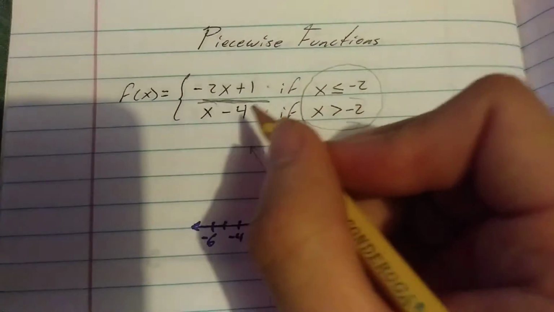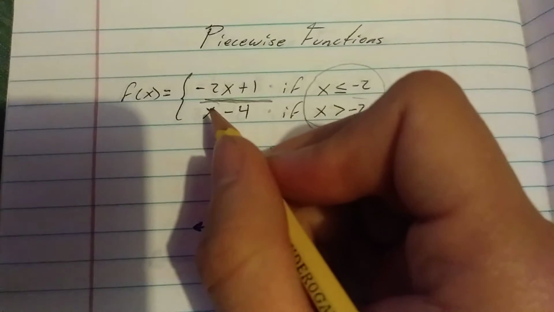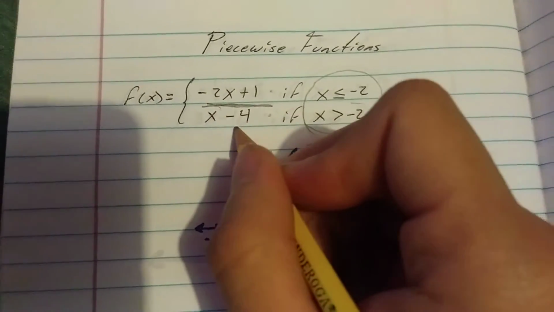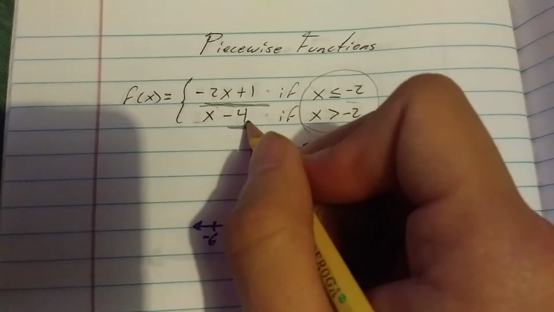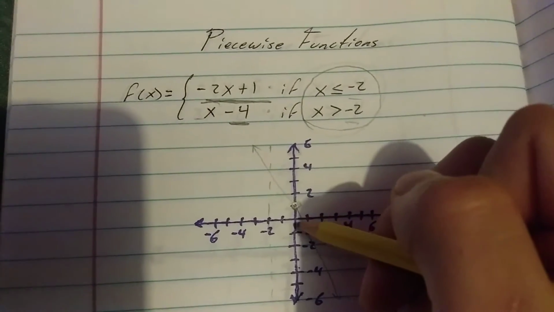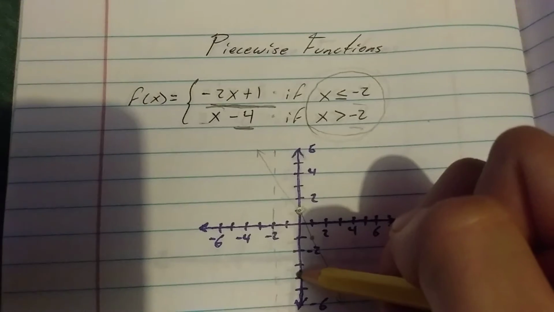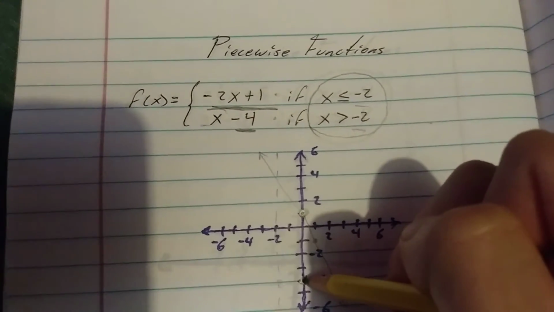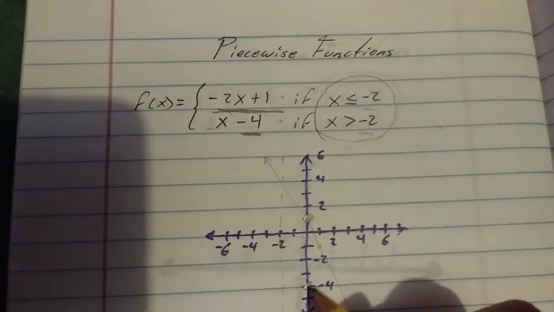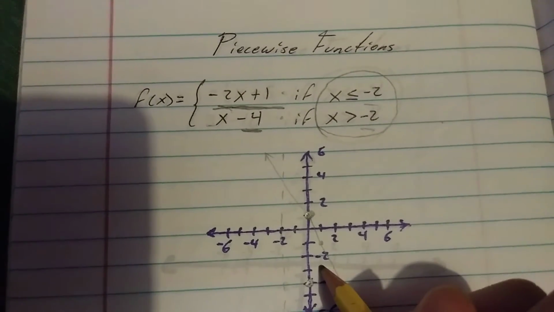Then I'm going to graph my second line. This is my y-intercept, -4, and my slope is 1/1. So I'm going to go 4 down, 1, 2, 3, 4. There's my y-intercept for the second graph. And I have a slope of 1 over and 1 up. So 1 over and 1 up.